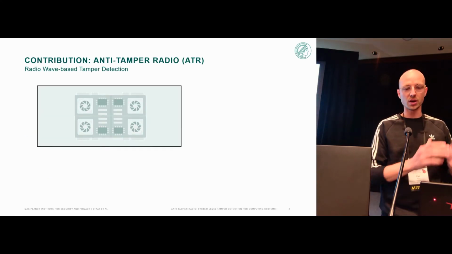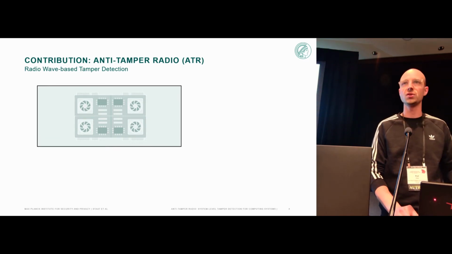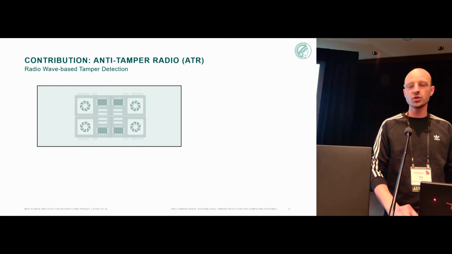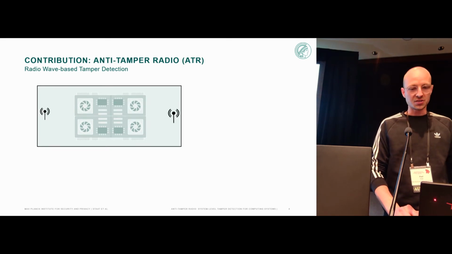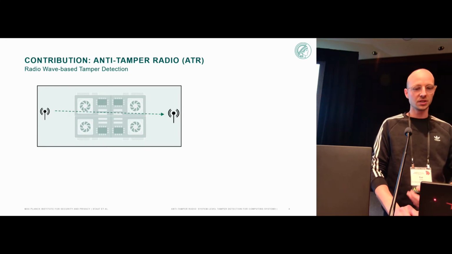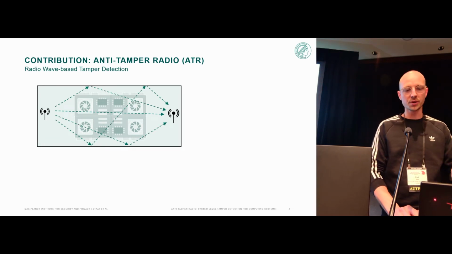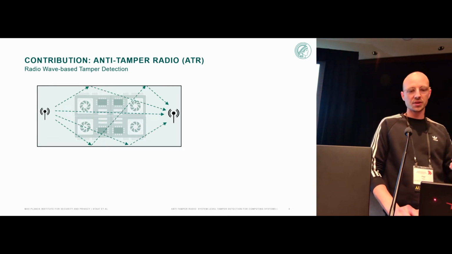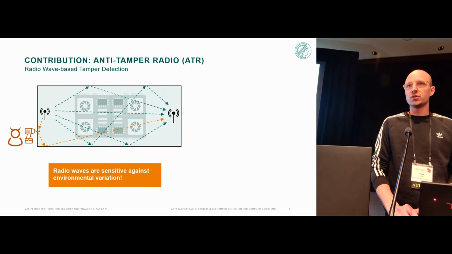Therefore, in our paper, we introduced the anti-tamper radio, or ATR for short, which uses radio waves to detect physical tampering. We add antennas to the environment to be monitored, and then we transmit a signal from one antenna to the other. As the signal propagates, it is reflected within the environment. Thus, when the environment changes, so do the received signals.